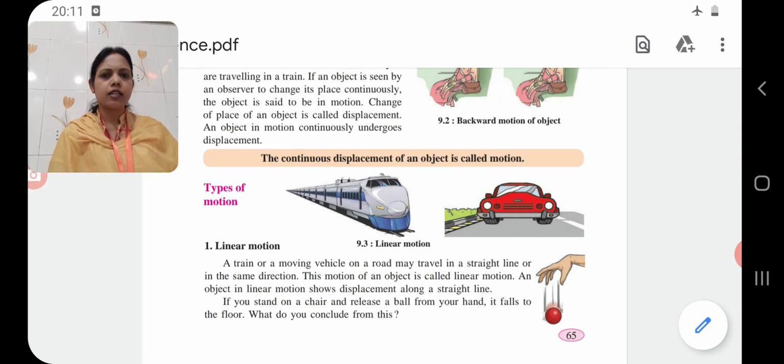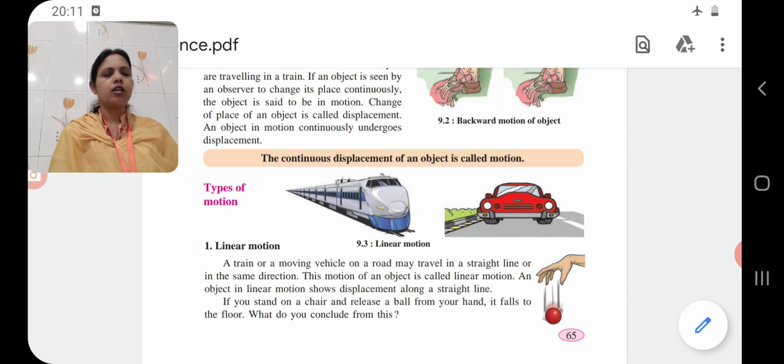An object in linear motion shows displacement along a straight line. If you stand on a chair and release a ball from your hand, it falls to the floor. What do you conclude from this?